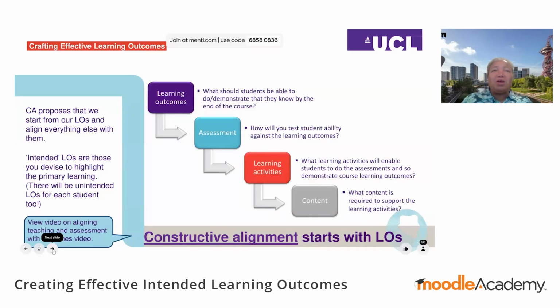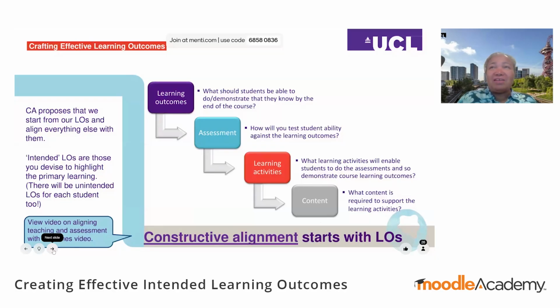Great. So this is to just confirm what some of you had already gathered, that you do start with the idea of constructive alignment: you start with what it is you want students to be able to do and know by the end of the course.